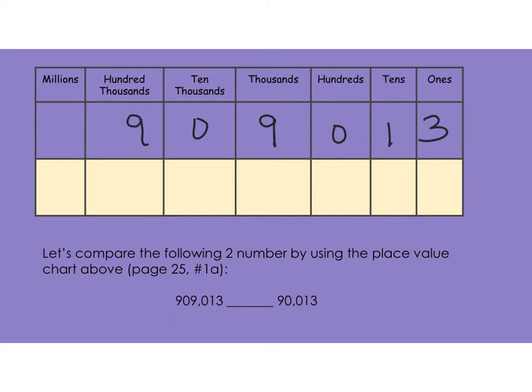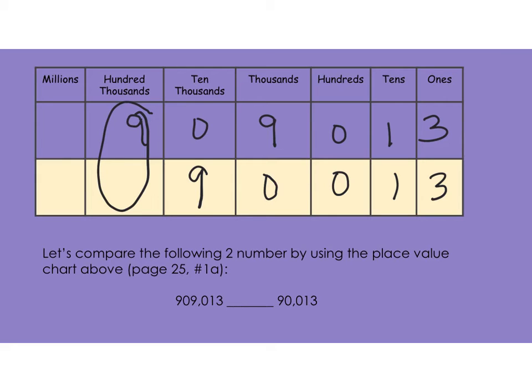Okay, I'm going to compare it to the next number. So I have to look at my number carefully. I might even start with my ones, and I say, oh, I have 3 ones. That's the same as the previous number. I have 1 ten. I have 0 hundreds. I have 0 thousands, and I have 9 10,000s. Okay, so I'm comparing these numbers. Remember, I start with my greatest value, and I already see that I have more 100,000s, so I know that number is going to be larger, greater.